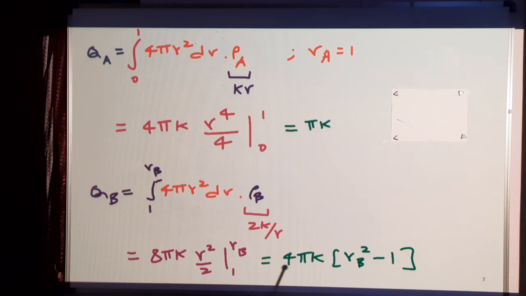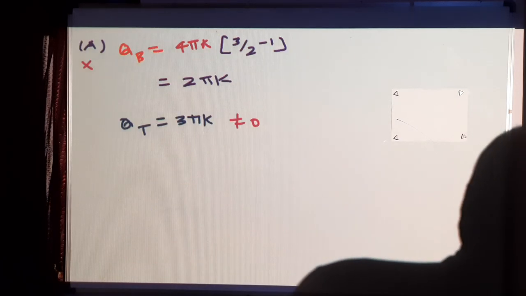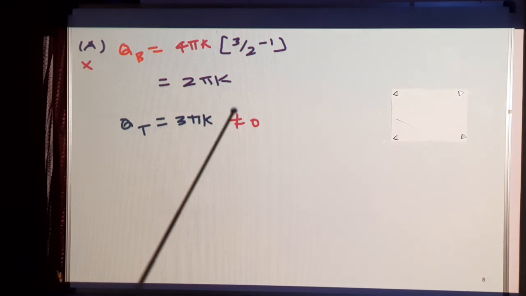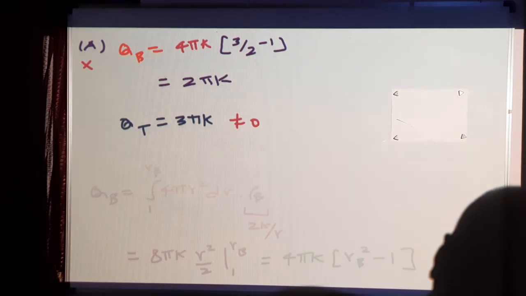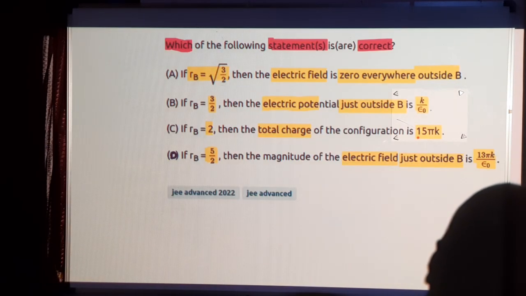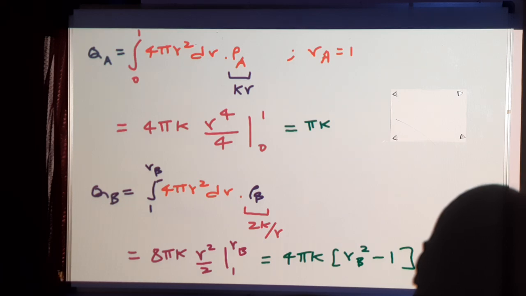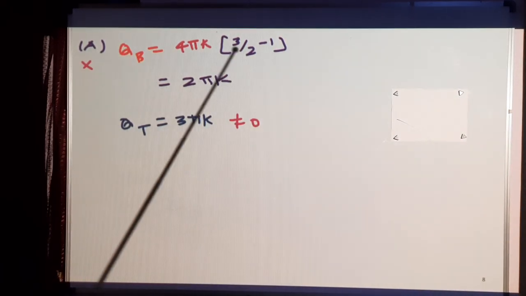If you put that in, we get the charge of the outer shell as 4 pi k times Rb square minus 1. So it depends on Rb. For different cases, different values of Rb are given. Option A, Rb is root 3 by 2. So Rb square is 3 by 2.